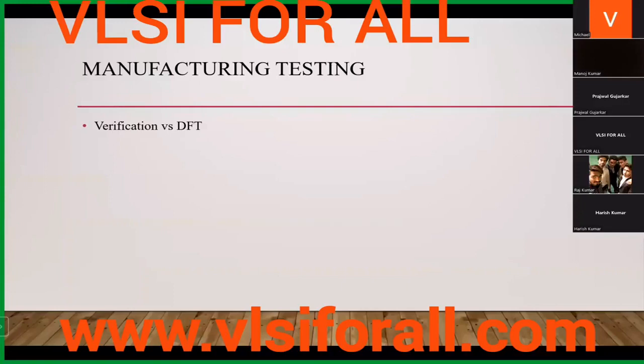And if we have two different teams, what is the difference between these two teams? Anyone have any answers? What are verification people doing? Why do we have a DFT team? What are they doing differently and what are we doing differently?